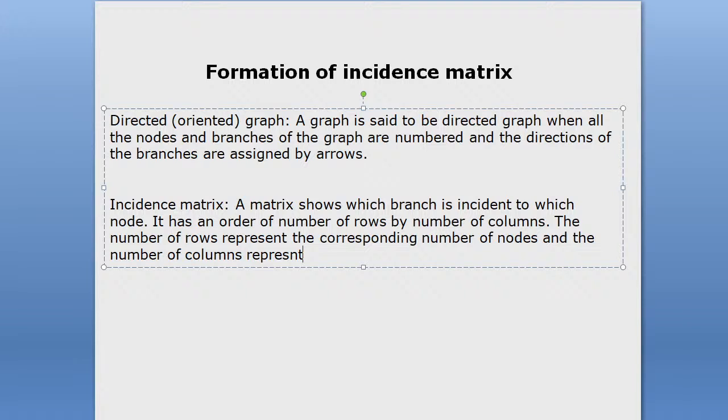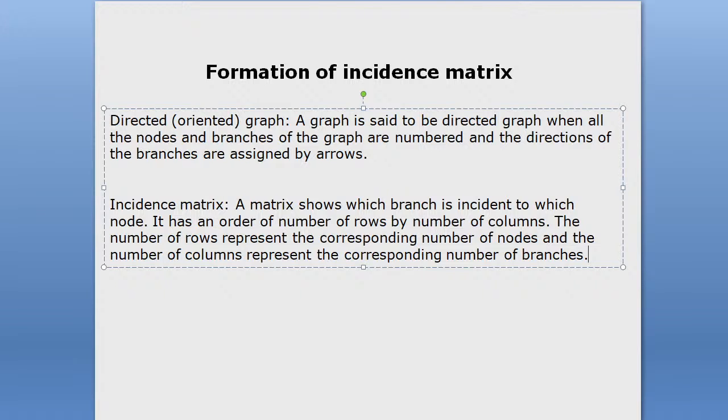A graph consists of some nodes and some branches, and for a directed graph each branch must be assigned an arrow.